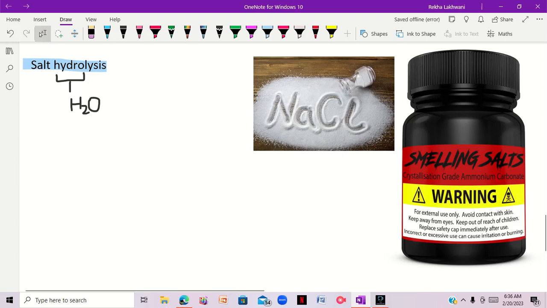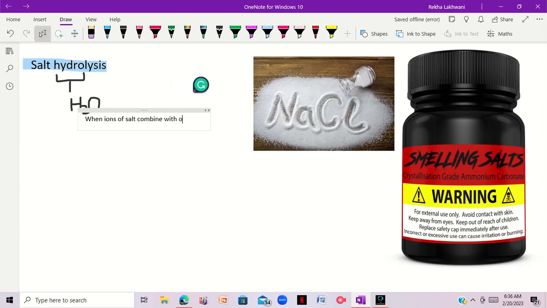Basically, when the ions of salt combine with OH negative and H positive of water, that is known as hydrolysis.